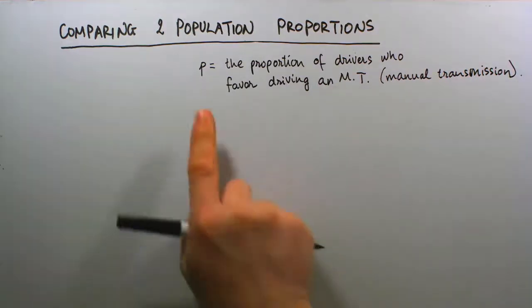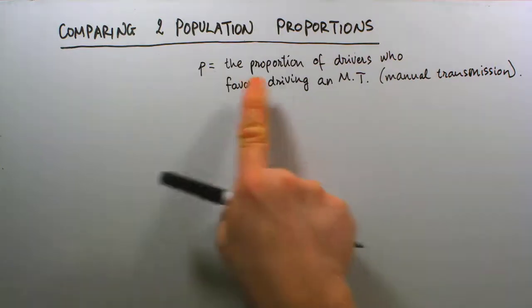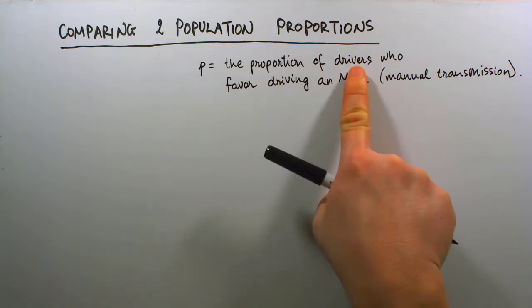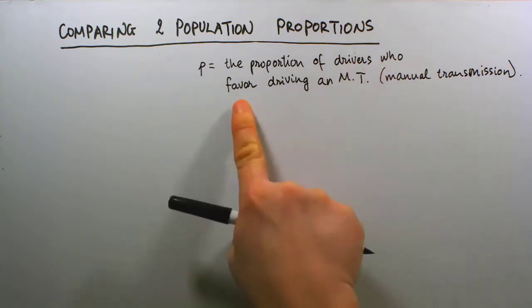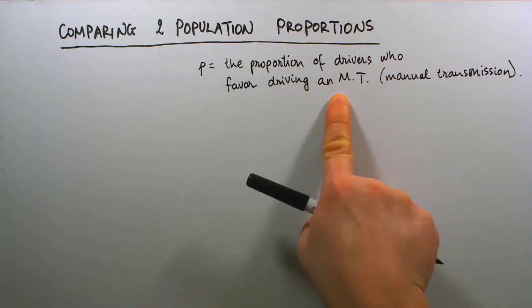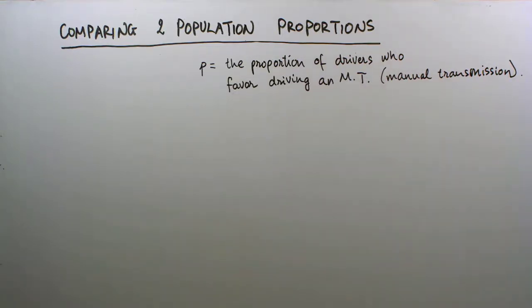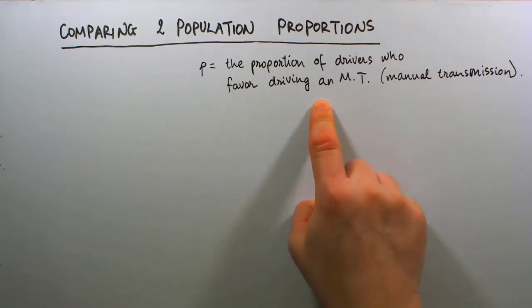And so clearly speaking, p now is the proportion, generally the proportion of drivers who favor driving an MT, or a manual transmission. So that's the scenario that I would like to bring up.